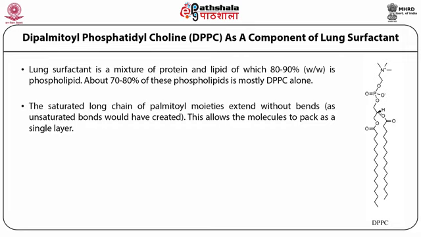In this orientation, the polar phosphatidyl choline head faces alveolar cells. These are the cells in the lung which form air spaces called alveoli. The surfactant coats the surfaces of these cells. The non-polar layer of the palmitoyl chains face the air.